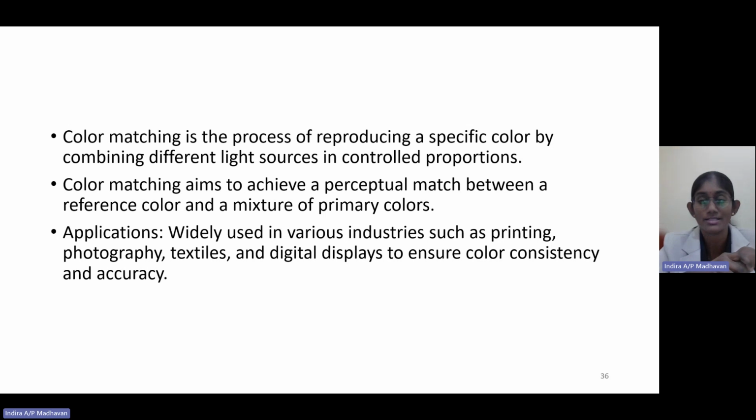The good thing is that this color system, which was developed through this experiment, is currently widely used in various industries such as printing, photography, textiles, and digital displays to ensure color consistency and accuracy.